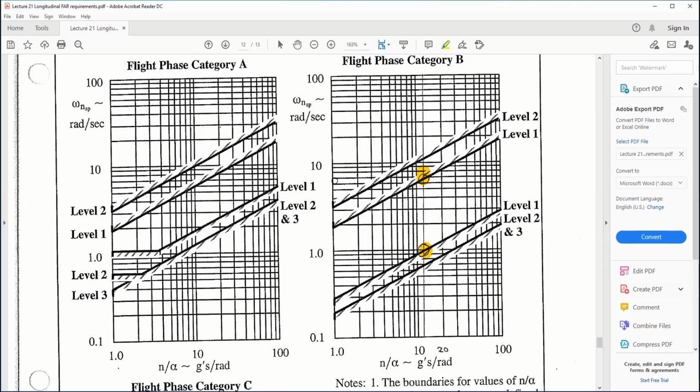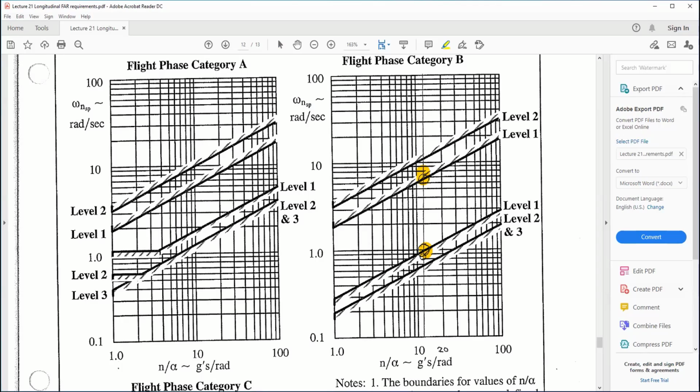So it's about 6 point, maybe 7. A little bit less than 7. And then down here, we're at about 1, right? So I have to be between 7 and 1.